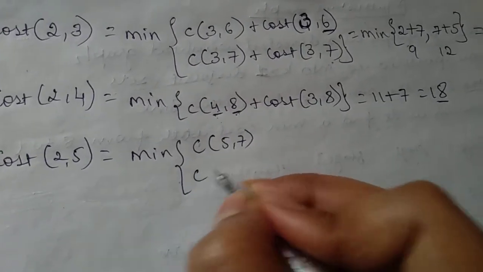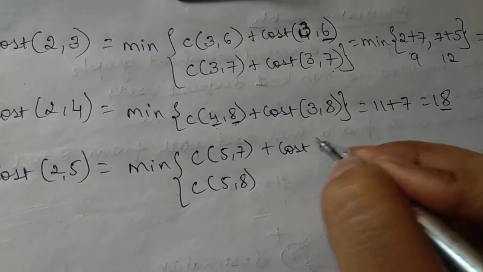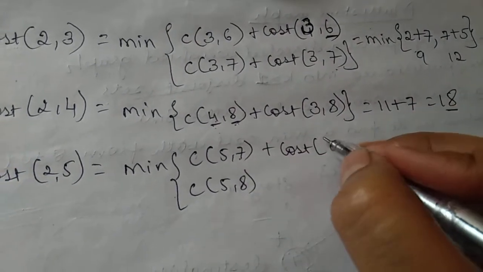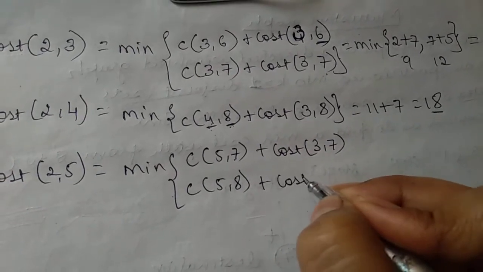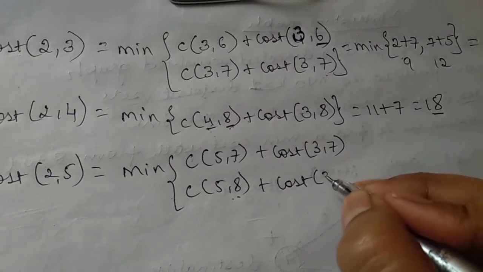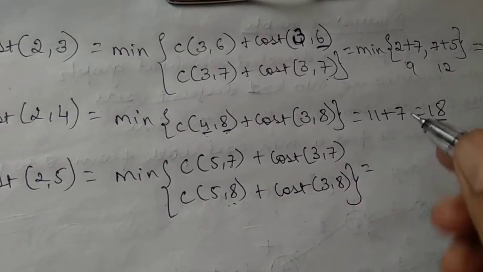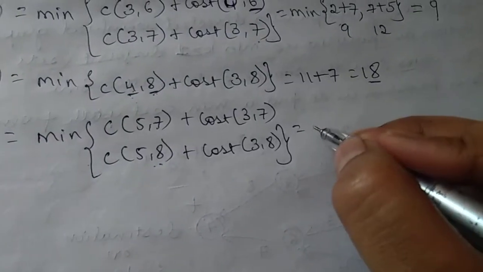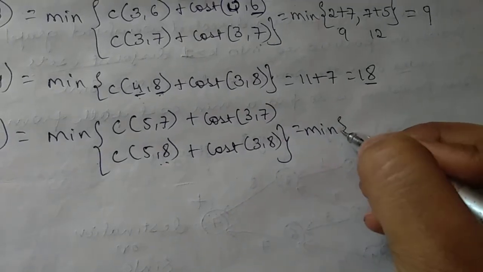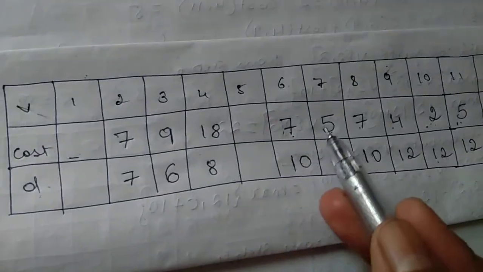From 5 to 7 I have 11 and from 5 to 8 I have 8, plus cost of 7 and cost of 8, which are present in stage 3. From 5 to 7, what is the cost? It is 11. Min 11 plus what is the cost of 7 in the table?